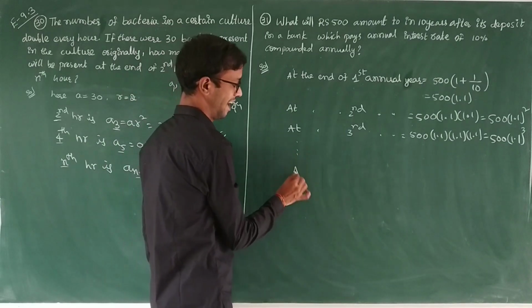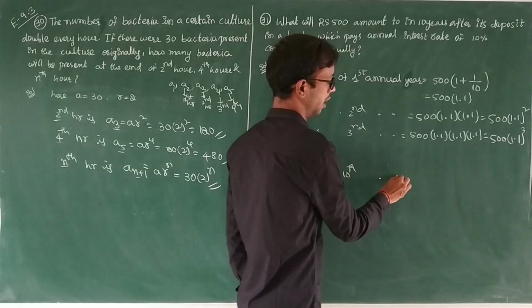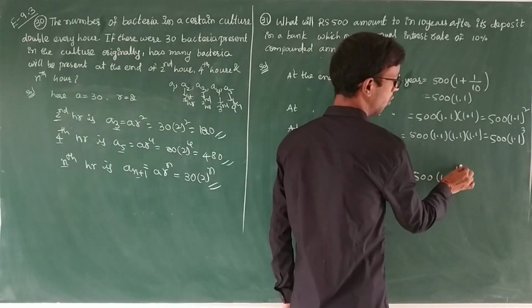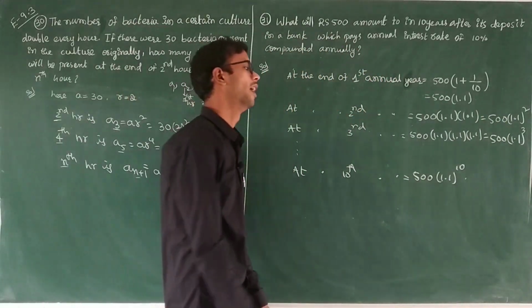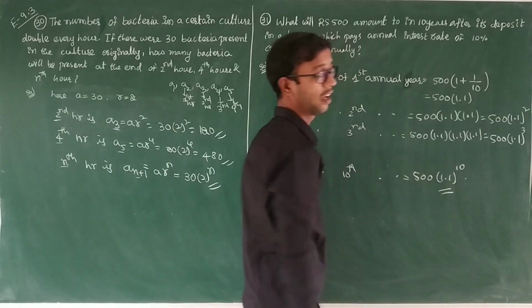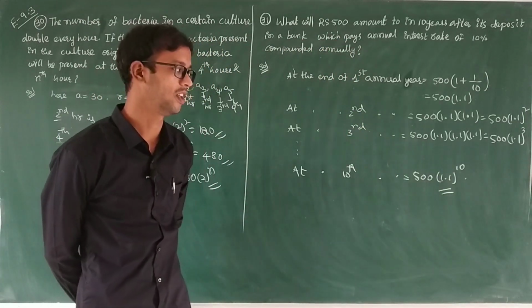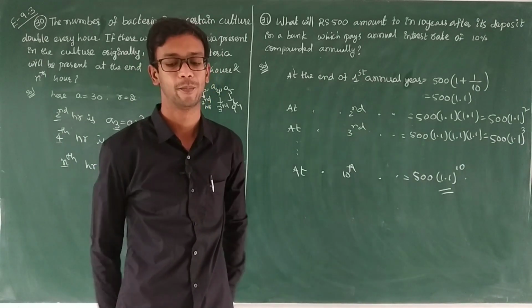So on, at the end of the 10th annual year, it is 500 into 1.1 whole power 10. The 10th year amount is 500 into 1.1 whole power 10.